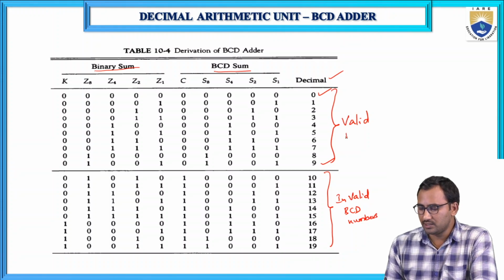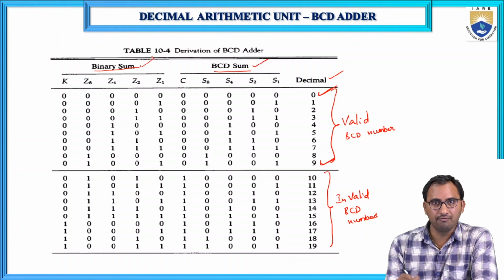The representation of the decimal numbers from 0 to 9 is the same in BCD form and binary form.